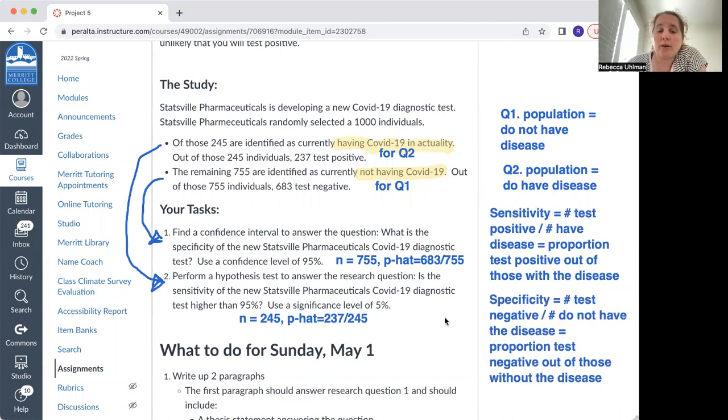So that is Project 5. Your job is then to find the confidence interval, and run the hypothesis test, following the steps that I list out. I'm going to go ahead and erase this side.